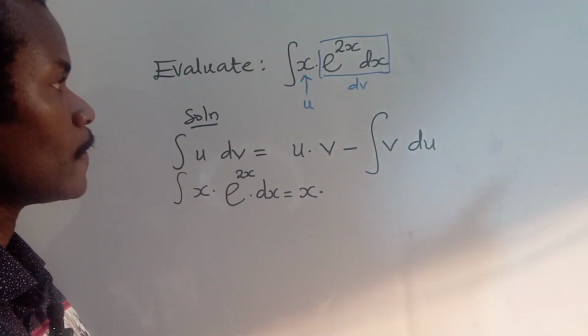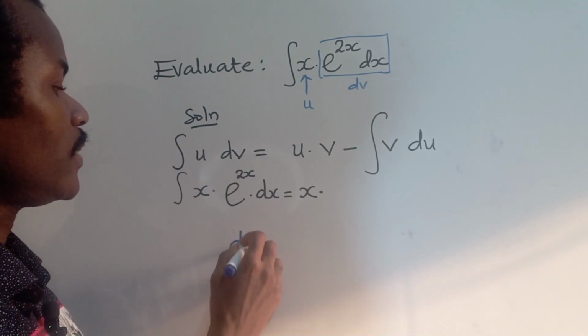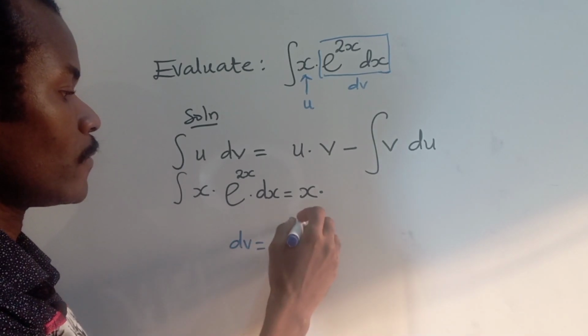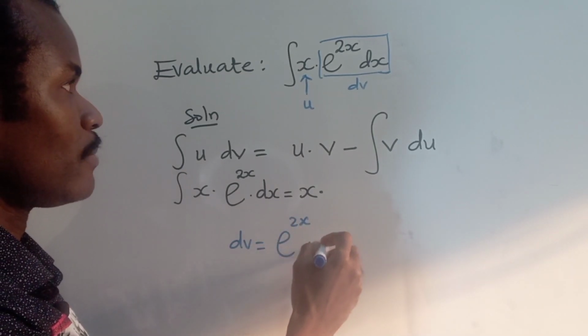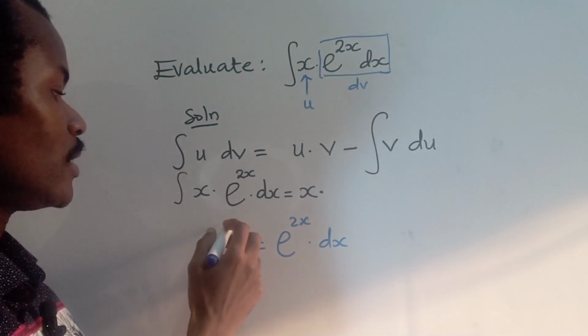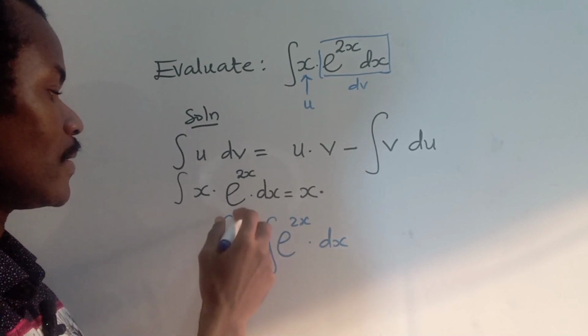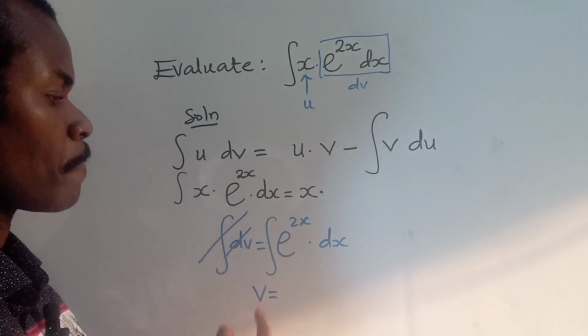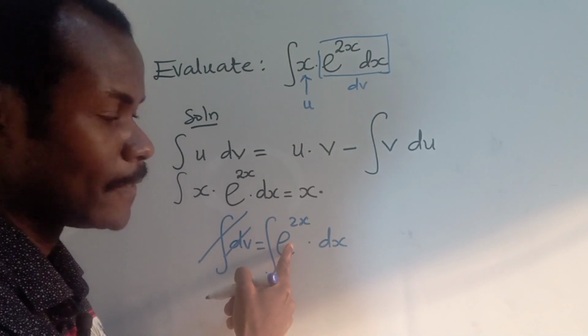Since we have our dv equal to e to the power of 2x multiplied by dx, to find our v we are simply going to integrate both sides so that this will cancel out this. So we have our v as the integral of this.